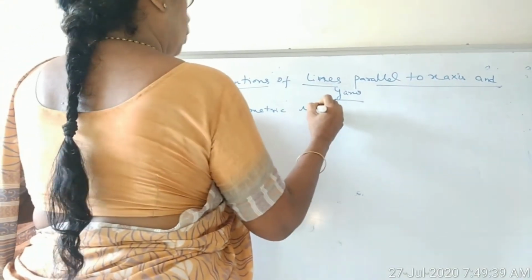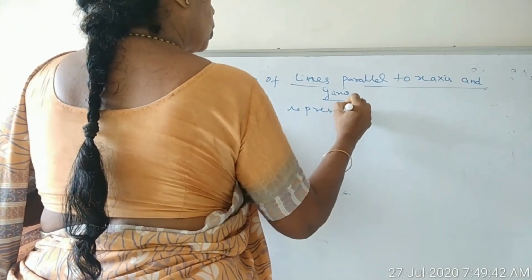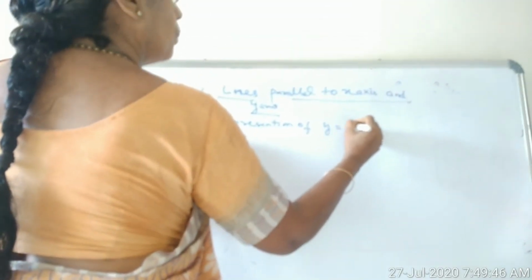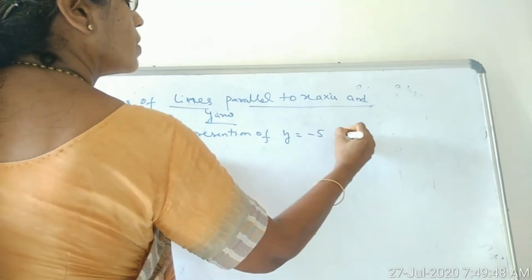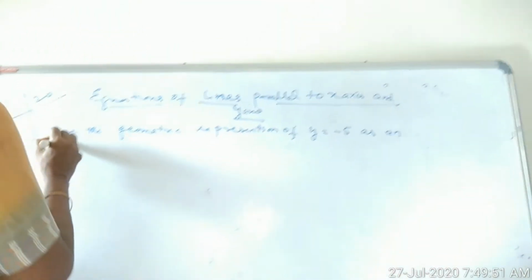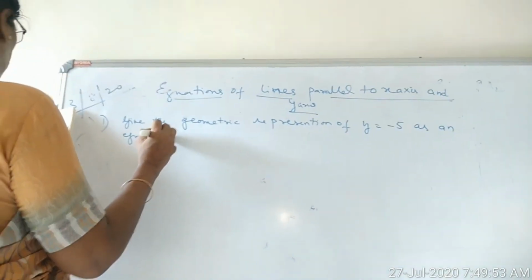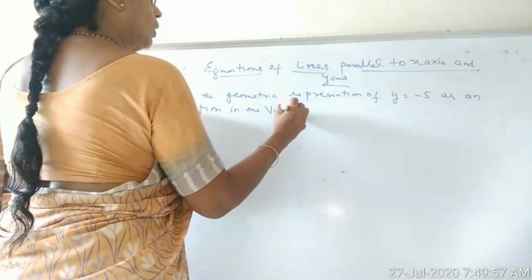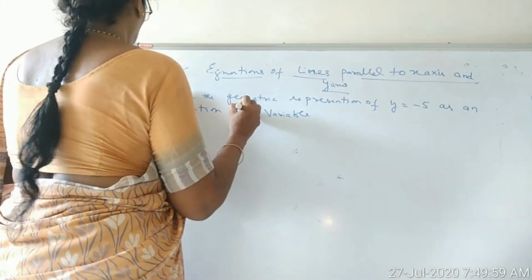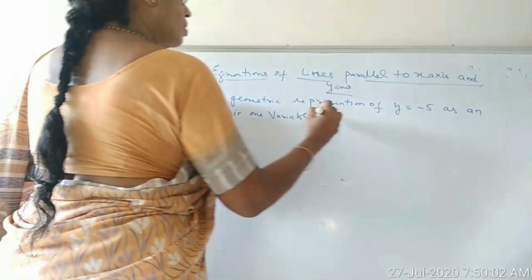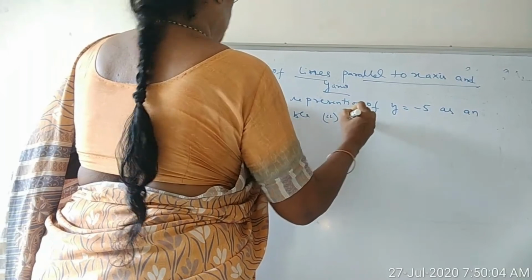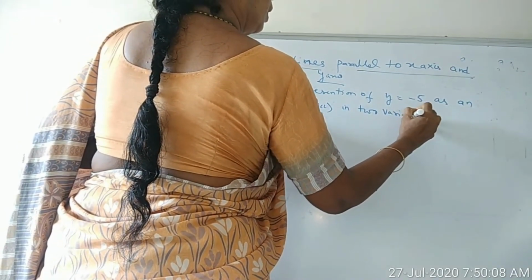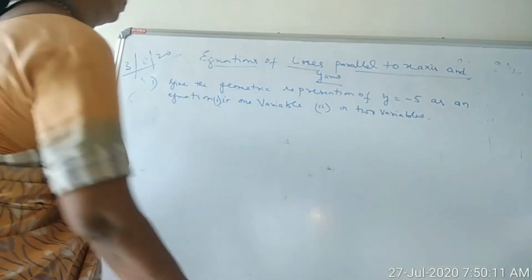Give the geometric representation of y is equal to minus 5 as an equation in one variable, and the second bit is in two variables.